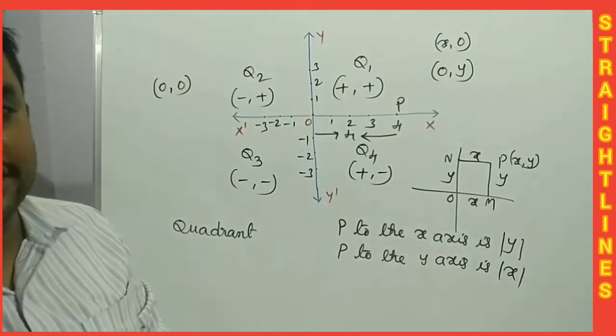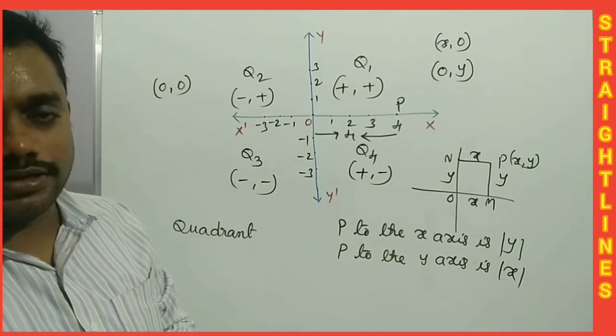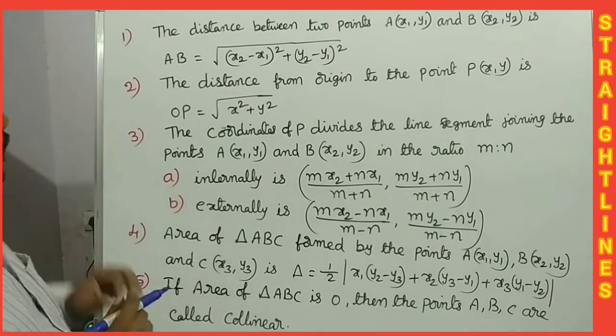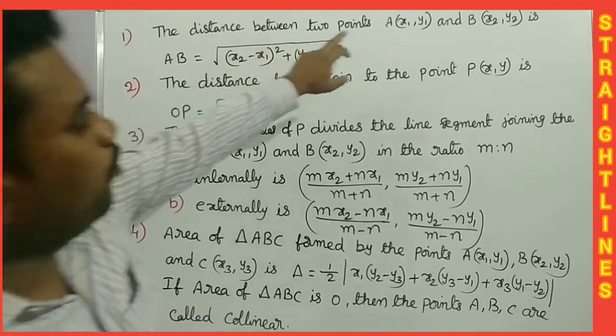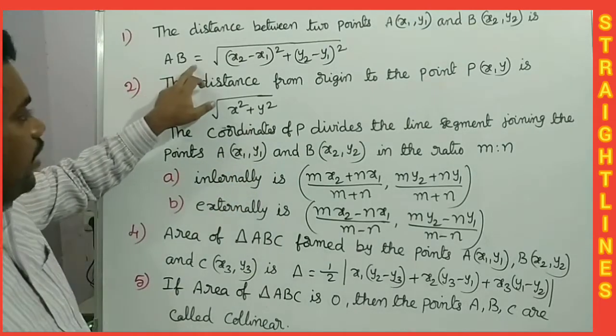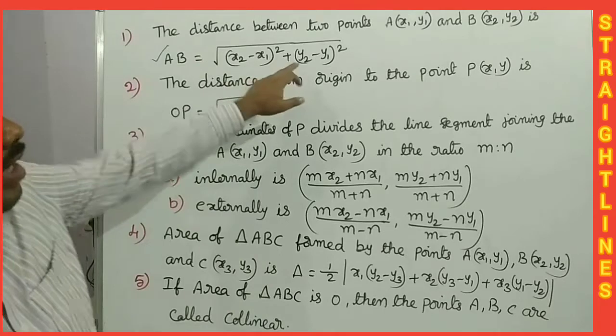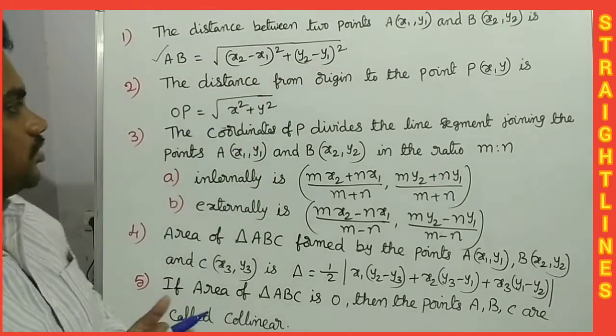This is about the coordinate system. Now briefly we will explain some formulas. First, the distance between two points A(x1, y1) and B(x2, y2) is AB equals root of (x2 minus x1) whole square plus (y2 minus y1) whole square.